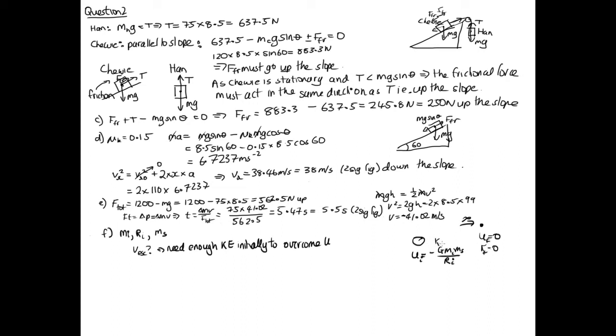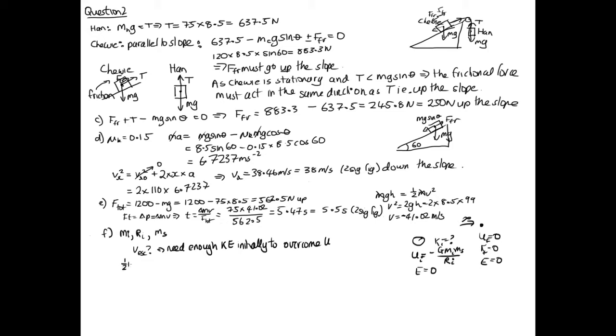Here we can work out what the initial kinetic energy is. So using energy conservation, we can see that out here the total energy is equal to 0. So in here the total energy also needs to be 0. And so the kinetic energy must be equal in magnitude and opposite in sign to this initial potential energy.